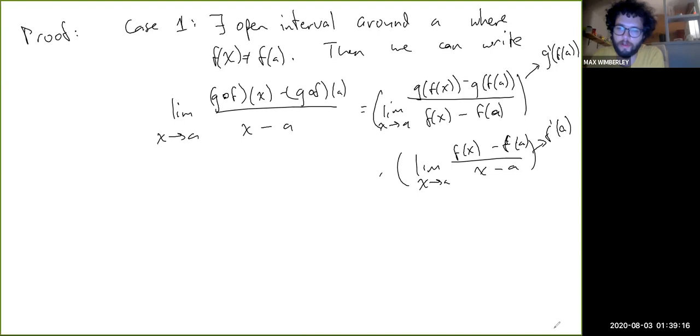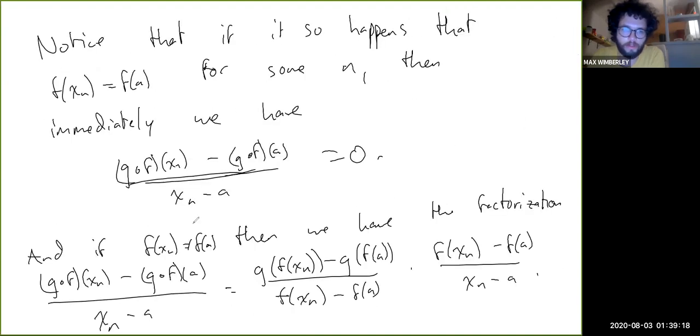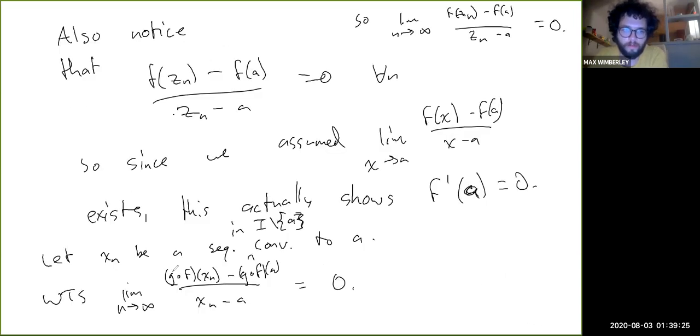So an interval where f is defined and the difference quotient makes sense, and also where g is defined on the values that f achieves on that interval. So xn was a random sequence in this interval converging to a, and we just wanted to show that this limit is 0.